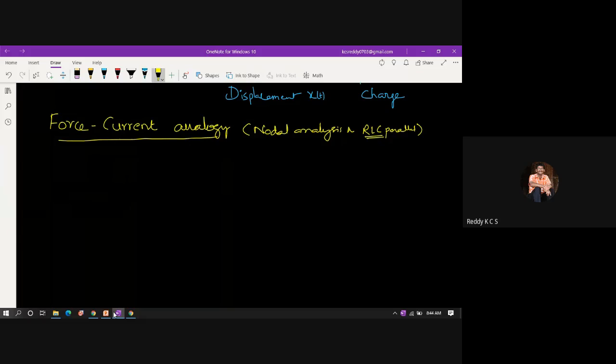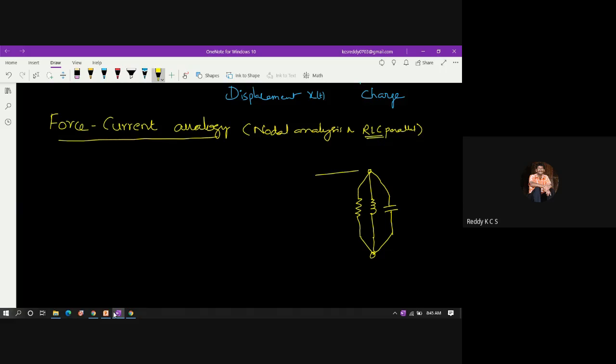Here there is one node with the resistor, then the inductor, then the capacitor, in any order. All these three are connected in parallel.